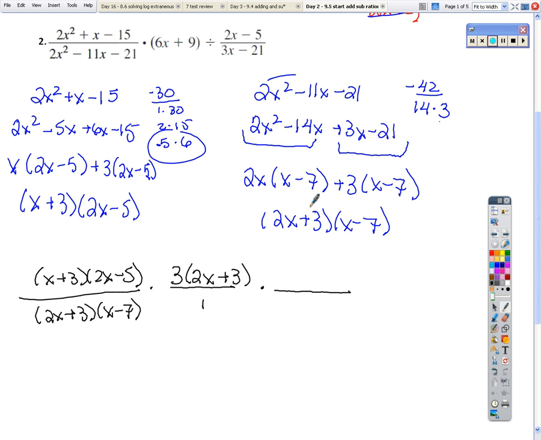And then I need to multiply by the reciprocal of this piece, and I'm going to factor out a 3, and the bottom stays. 2x minus 5's cancel, x minus 7, 2x plus 3. So I'm left with 3 times 3 is 9, x plus 3, all over 1.